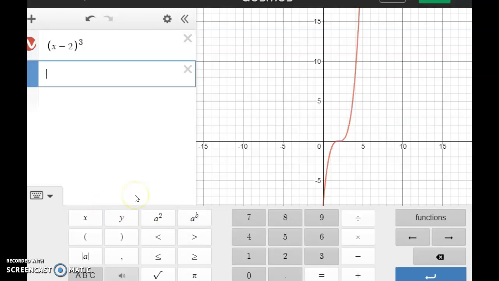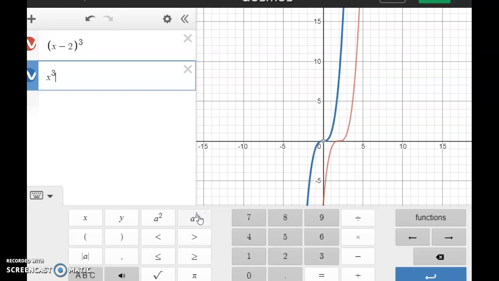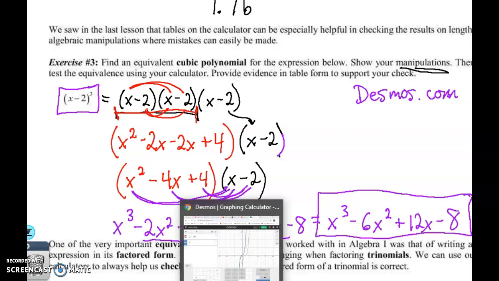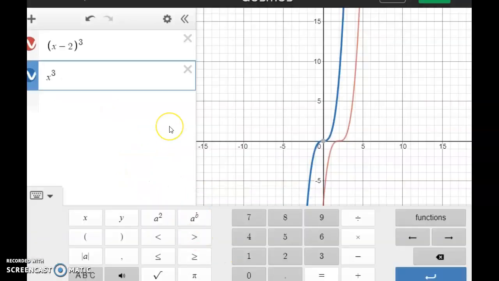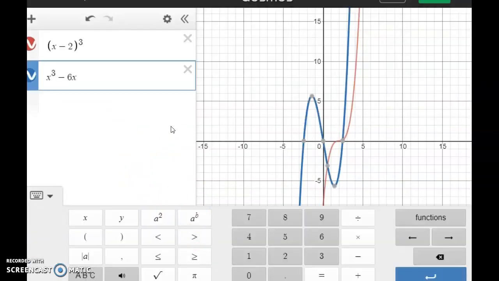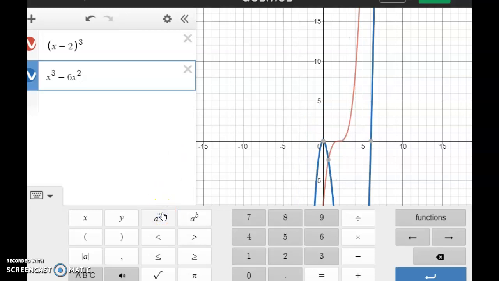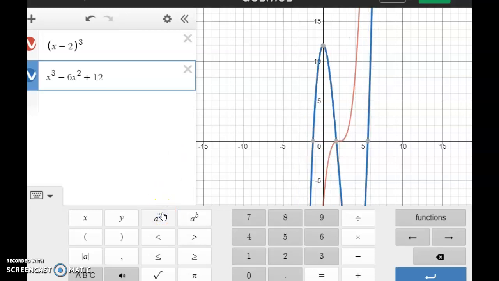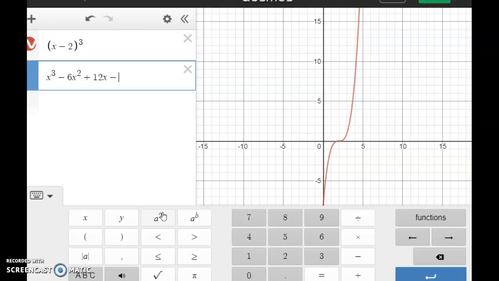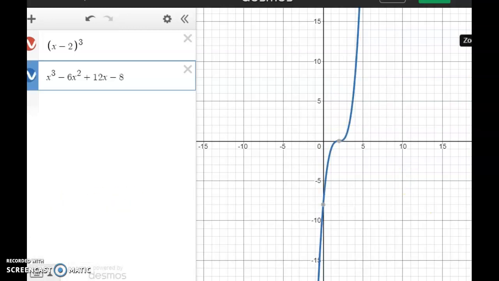But we also had, I'm guessing that if I rewrite my answer, x cubed, I already forgot what it was, minus 6x squared, plus 12x minus 8.